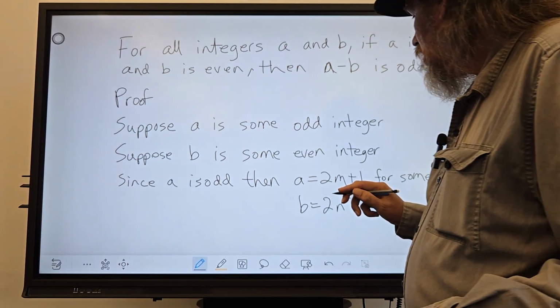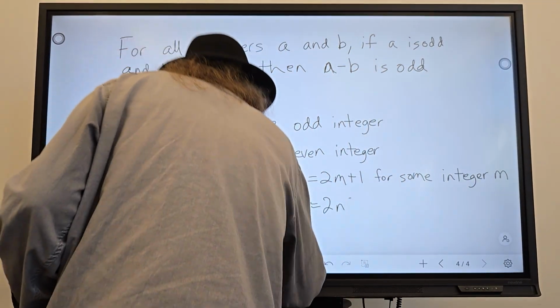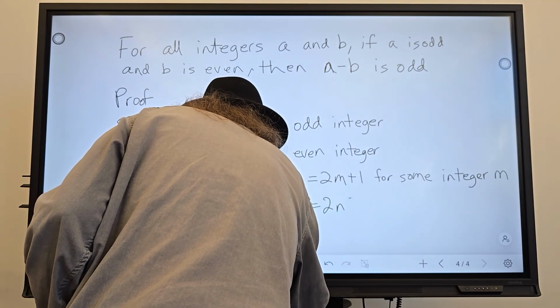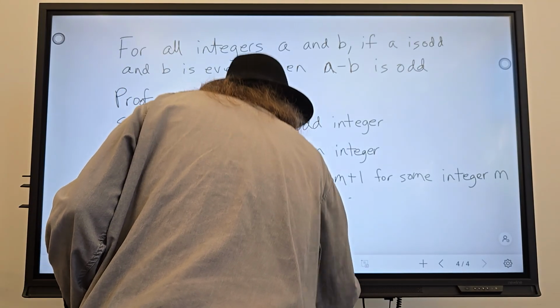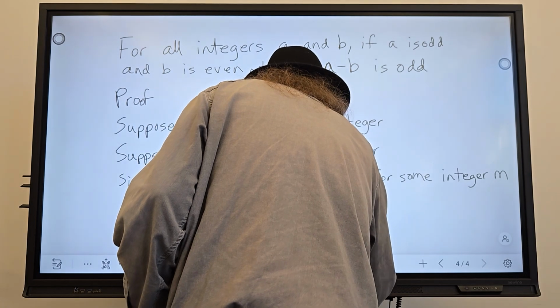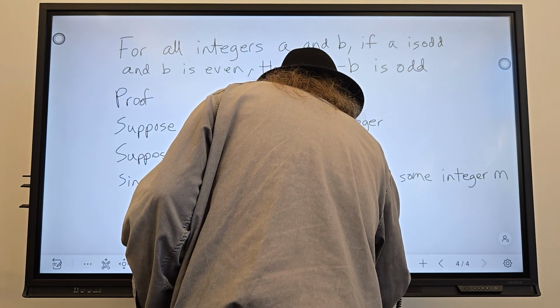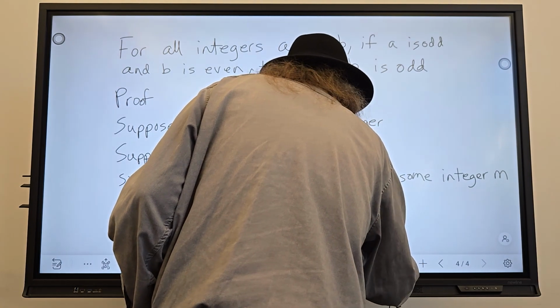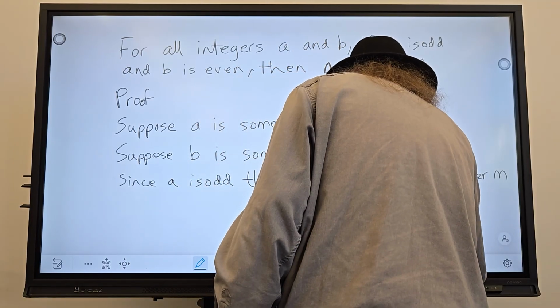And then a minus b equals 2m plus 1 minus 2n.